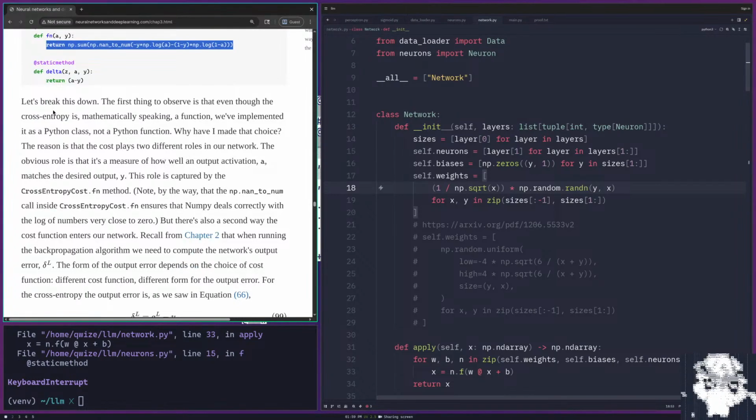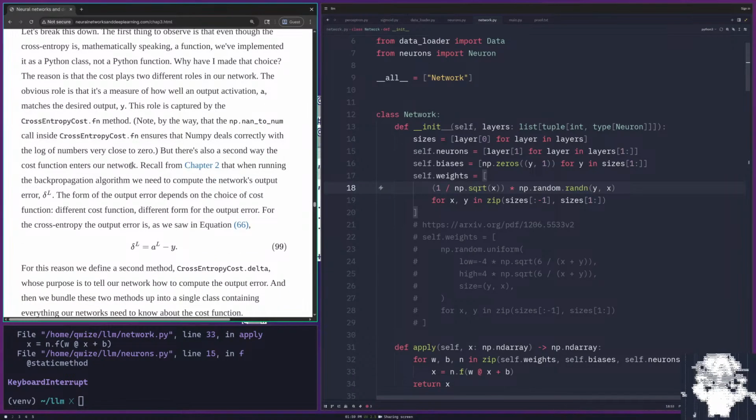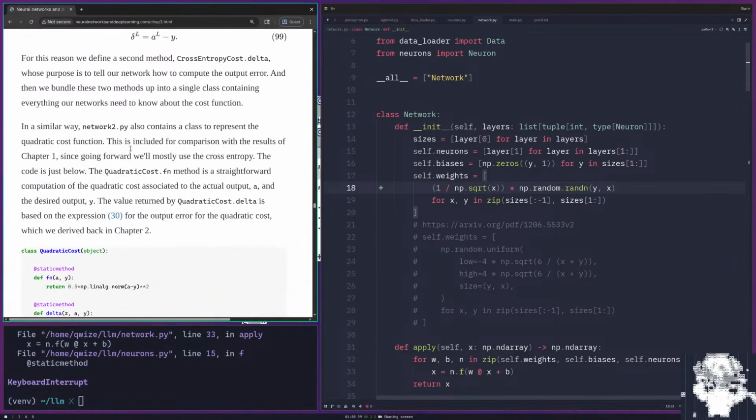So blah, blah, blah. How to compute the output error.